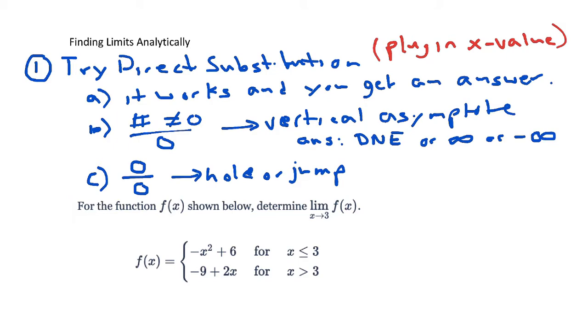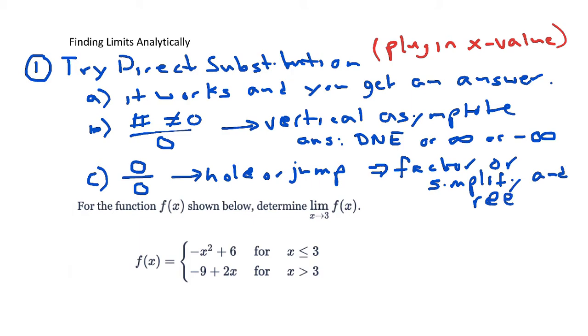And the way you're going to deal with that is you are going to factor or simplify and re-evaluate. Okay, so you might have to factor it, simplify it, and then reevaluate. But the first thing you always want to try is direct substitution.